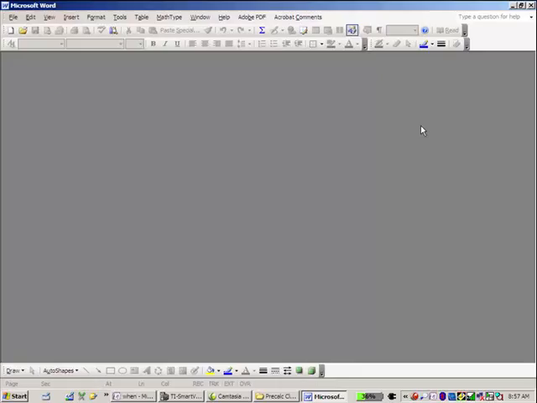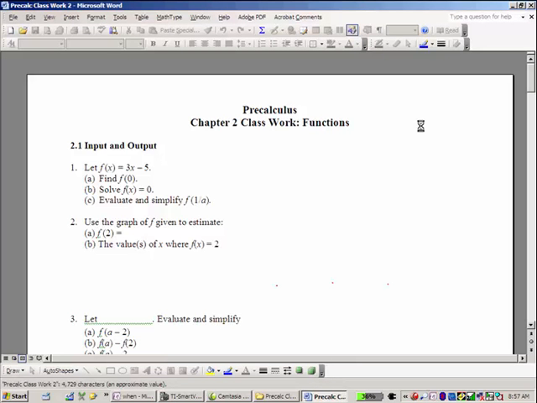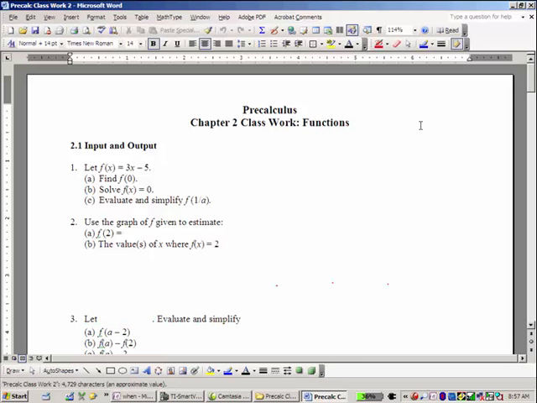That rule says if x is between 3 and 5, if that's the input, guess what the output's going to be? 1. It's just giving you the 1, because there's no x. In this case, it's not a linear function, so we can't necessarily call it an intercept. But the rule is, you're right, it's just 1.